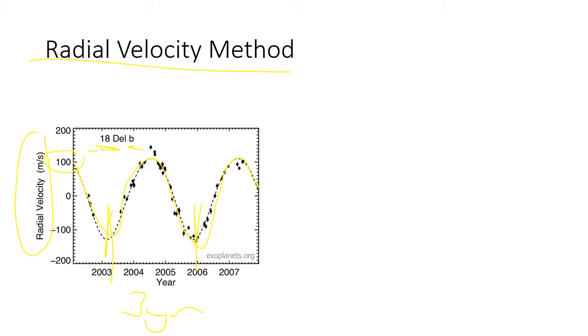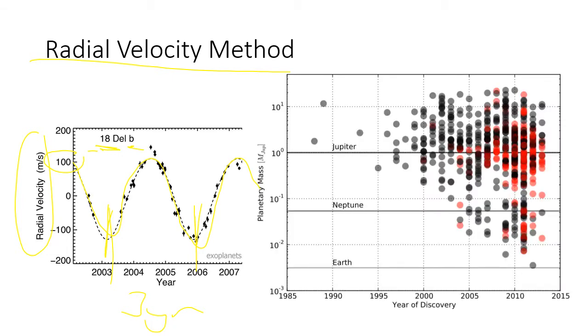So this is the radial velocity method, as you saw on the previous slide, 1995. First time that a convincing radial velocity measurement of an exoplanet is done. Since then, a lot of planets have been found using the radial velocity method.